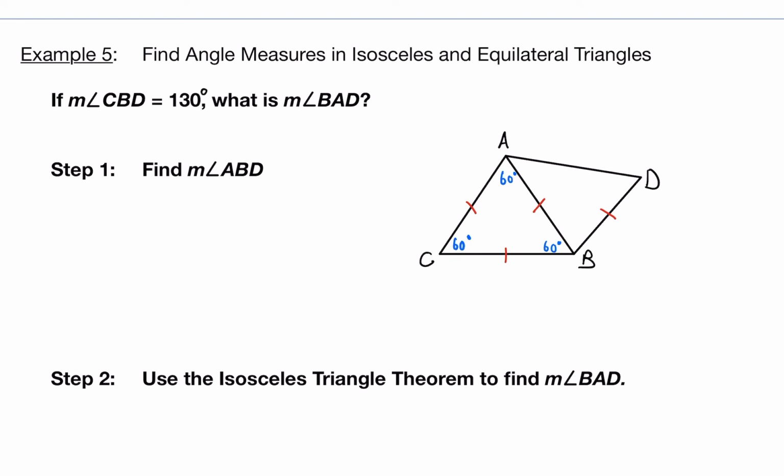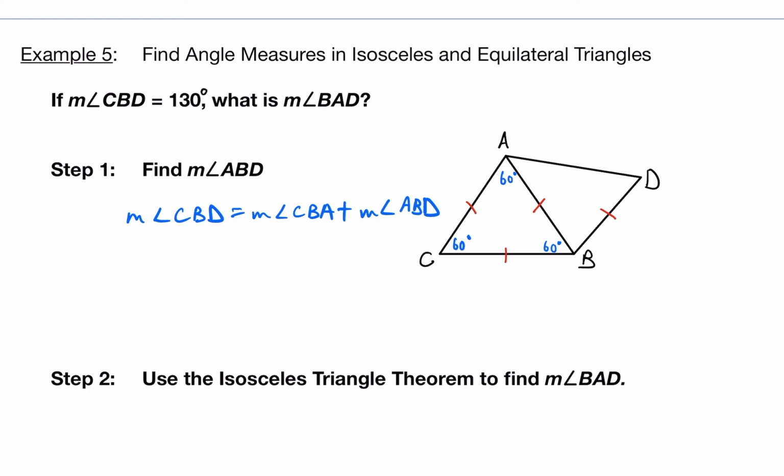We're going to define this: the measure of angle CBD is made up of, or is equal to, the measure of angle CBA plus the measure of angle ABD. So this is CBA and ABD.